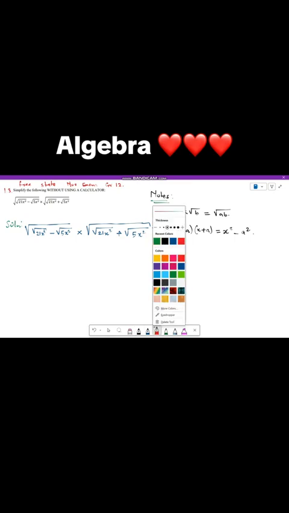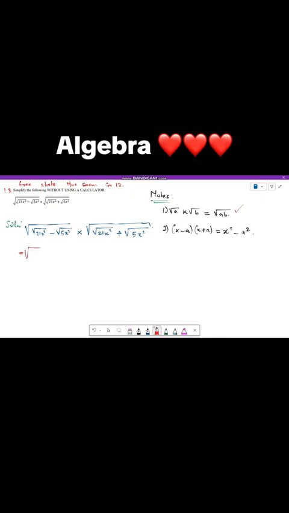Let me just change my color to red. We are going to first use that property, since we see that we have the same radical of which we have a product. So this will be the square root of, going to put brackets, the square root of this. We take this whole thing as if it's our a, and this whole thing as if it's our b.